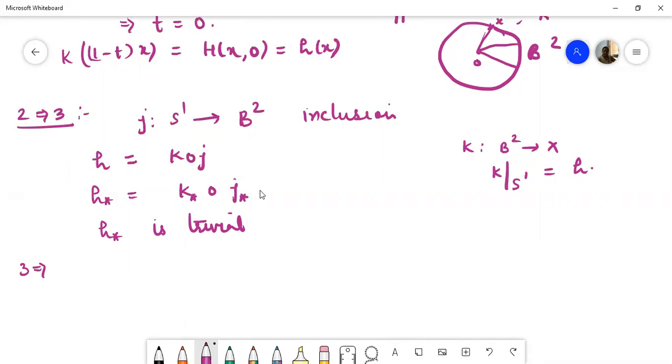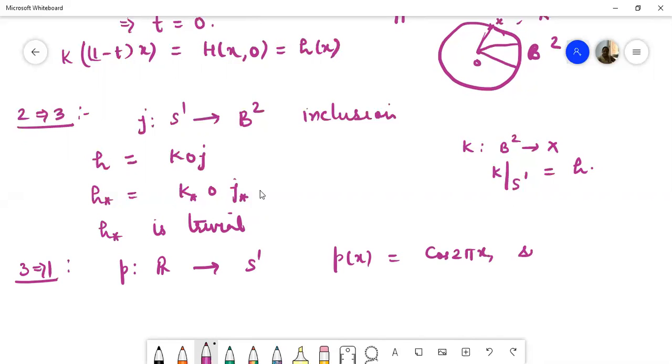Now we prove 3 implies 1. So in 3, we have assumed that h star is trivial, and we have to prove that h is null homotopic. So now let us assume p to be the standard covering map from R to S1, which we have proved earlier, that p(x) is equal to (cos 2 pi x, sin 2 pi x).